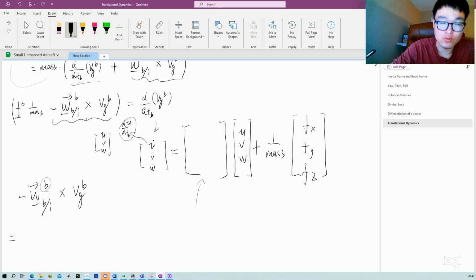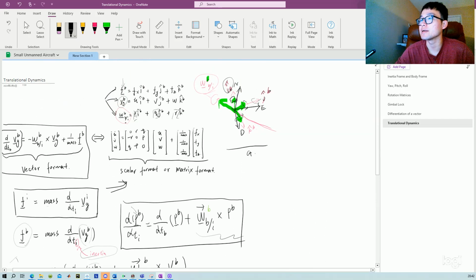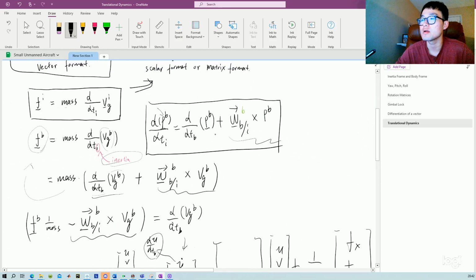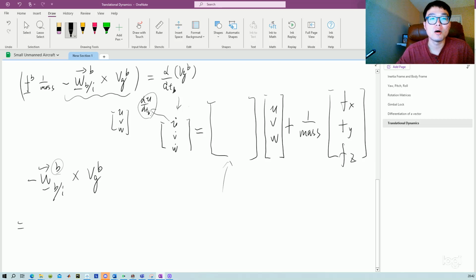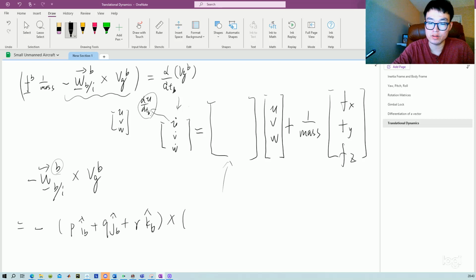This equals, the angular velocity is also defined in this case by P, Q, R. So it's really negative of P iB hat plus Q jB hat plus R kB hat, cross product with the vector U iB hat plus V jB hat plus W kB hat.